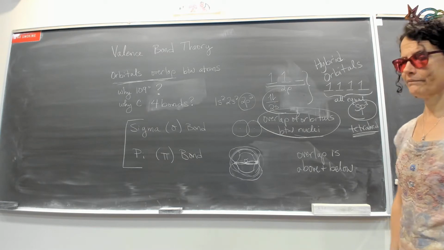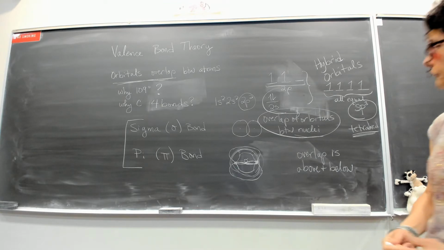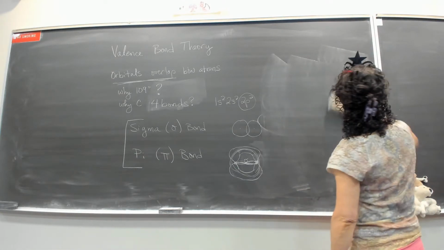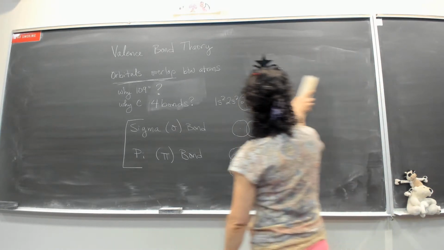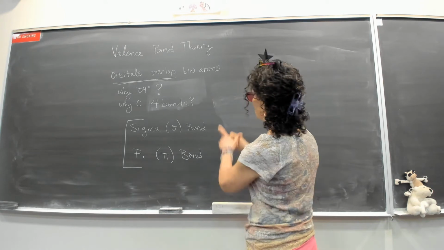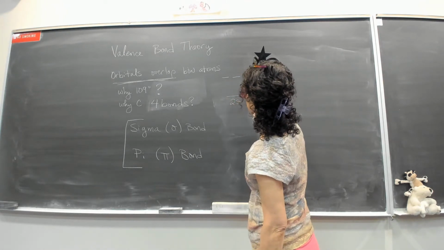We're going to look at orbital overlaps. So I have an example on your page of CH4. What would happen is, remember we had our 2s and our 2p's, so this is carbon.